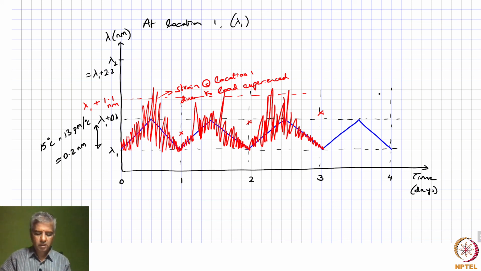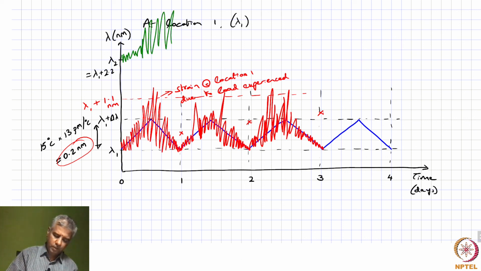Okay, but this is the interesting part. The question is, should we account for this 0.2 nanometer change in temperature? And it turns out you don't have to, because this is at lambda 1, but let's say what's happening at lambda 2. If you look at it, lambda 2 would also have a similar sort of fluctuation.